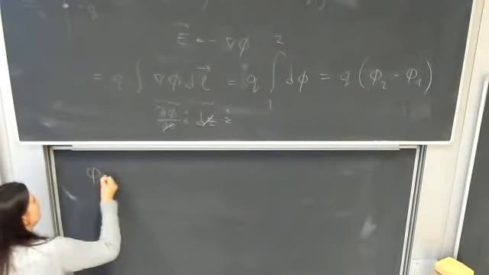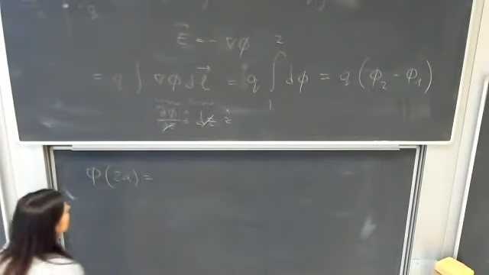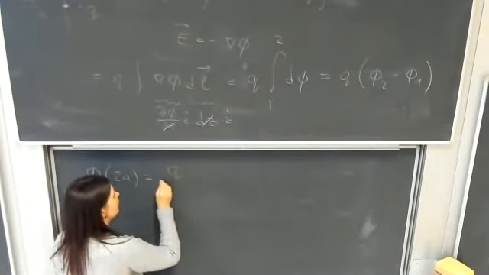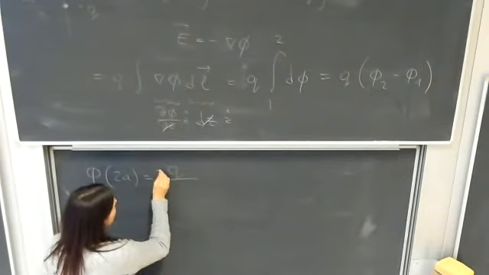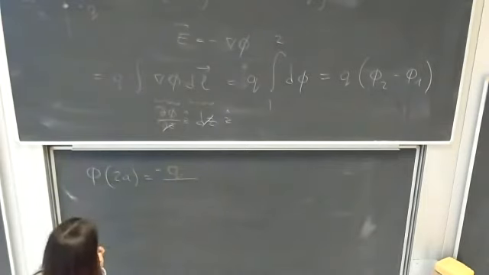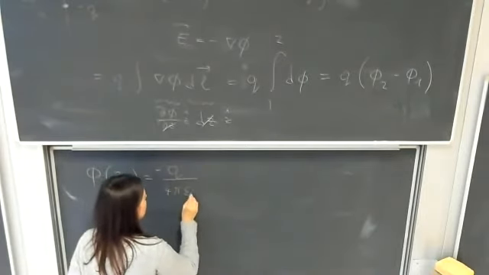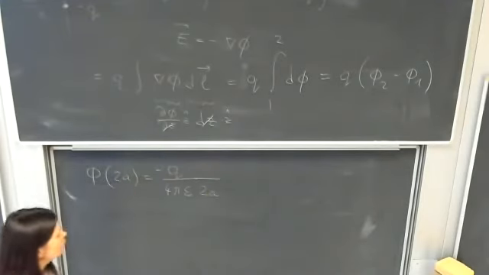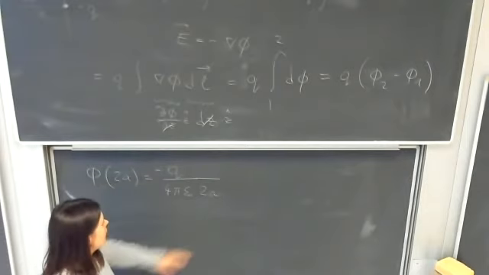Potential for this problem, first for 2a, can be found very easily. So it's minus Q divided by 4 pi epsilon naught, and 1 divided by the radius of separation, which is 2a.